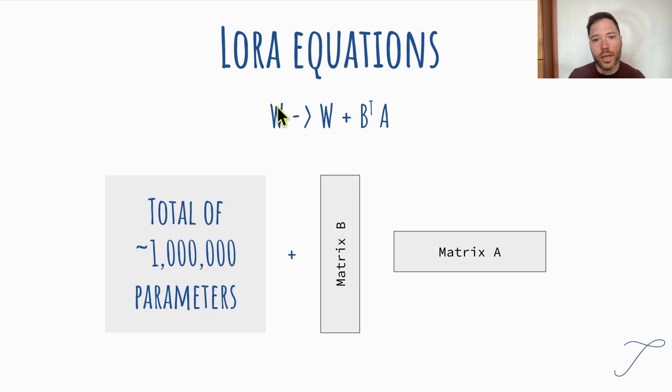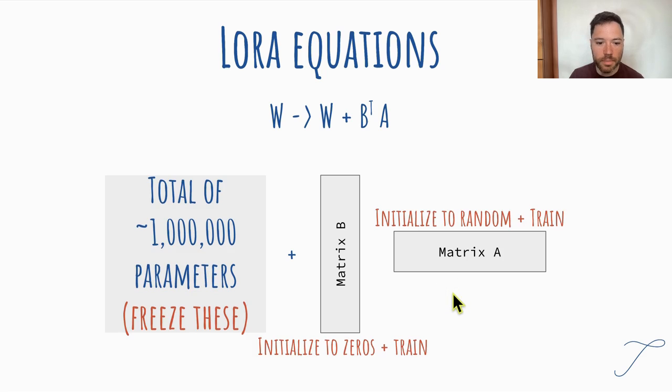So instead of training W, we train instead B transpose times A, and we freeze W. So we represent the new W as being a combination of the original matrix plus this adapter. We train the adapter, and at the end of training, we'll just combine that adapter on top of the original W. So here you have it, the original matrix plus the matrices that we're going to train.